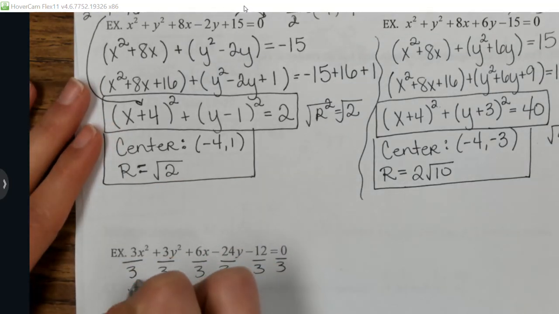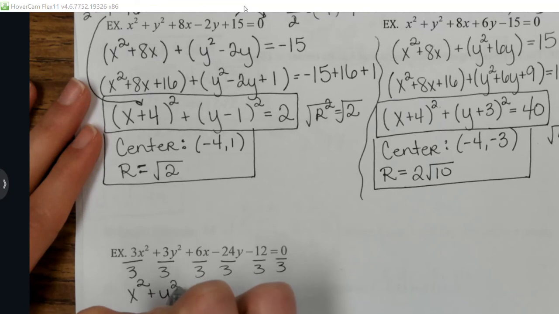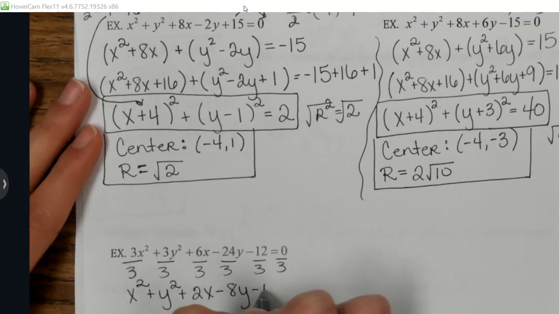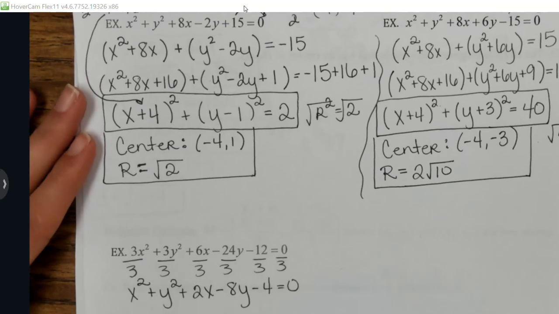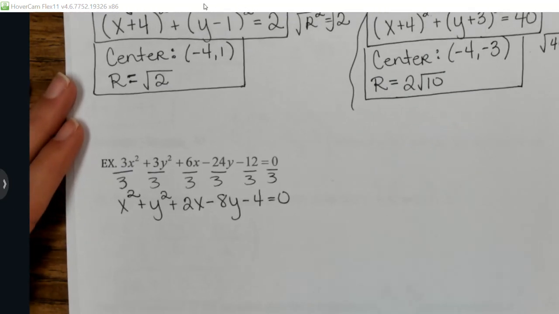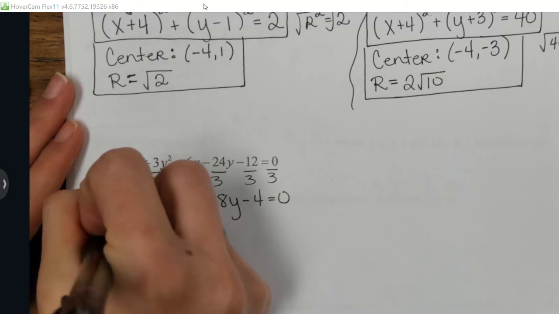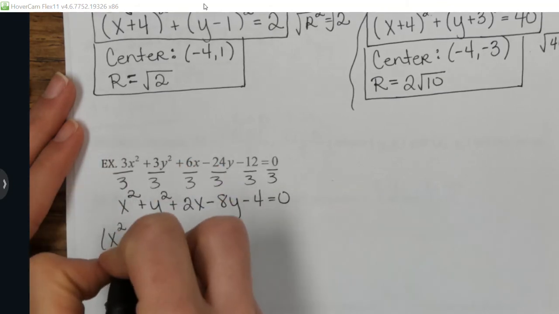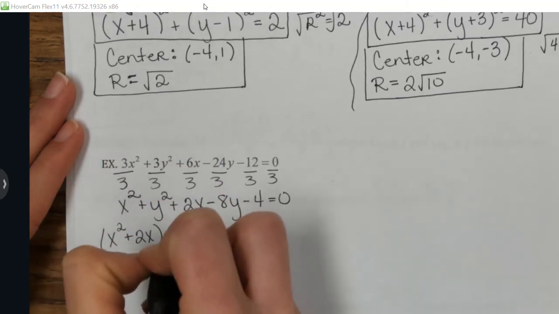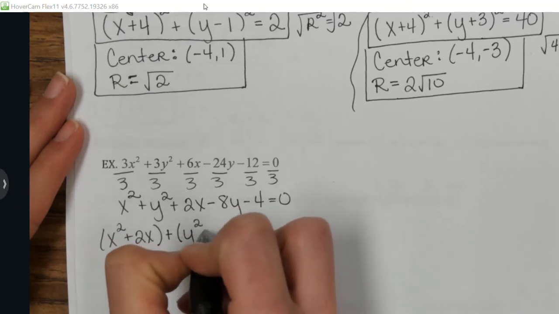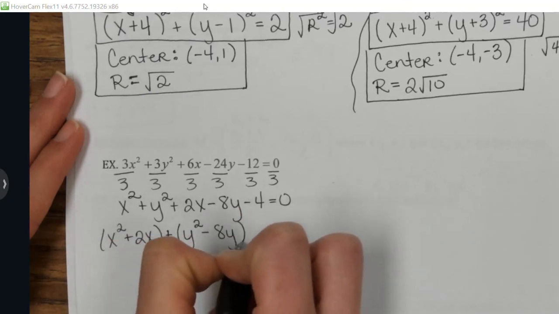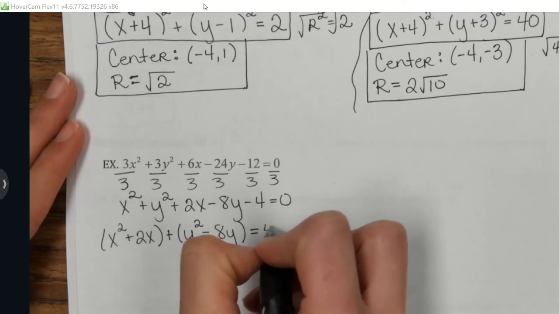So it leaves me with x squared plus y squared plus 2x minus 8y minus 4 equals 0. And then I group x squared plus 2x plus y squared minus 8y equals 4.